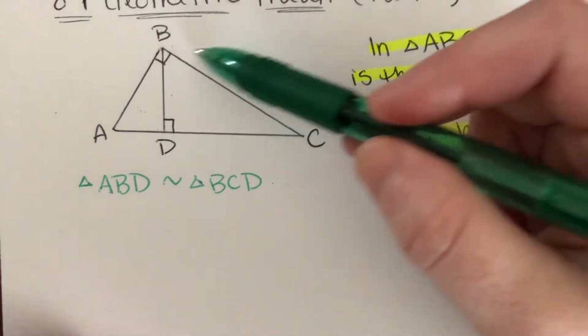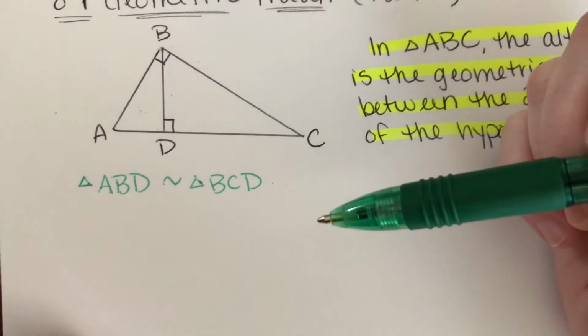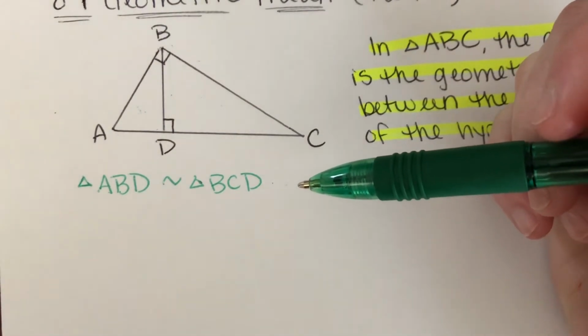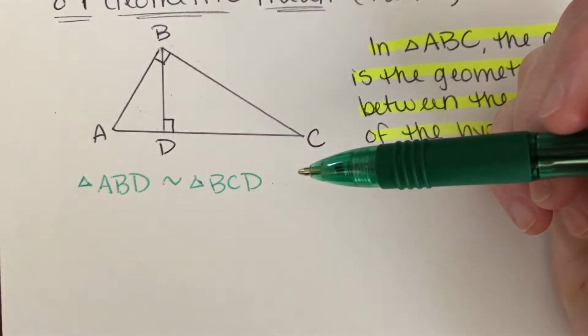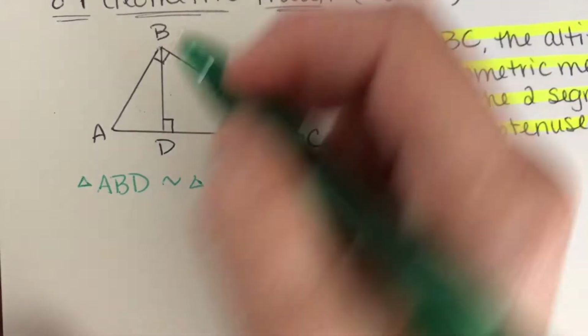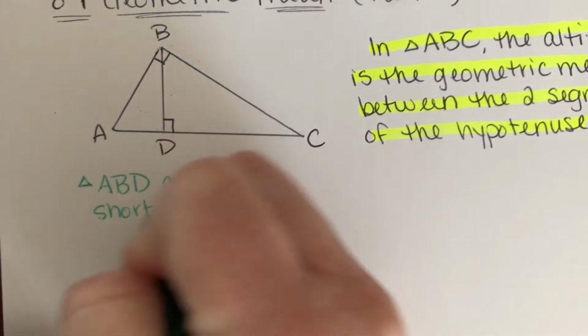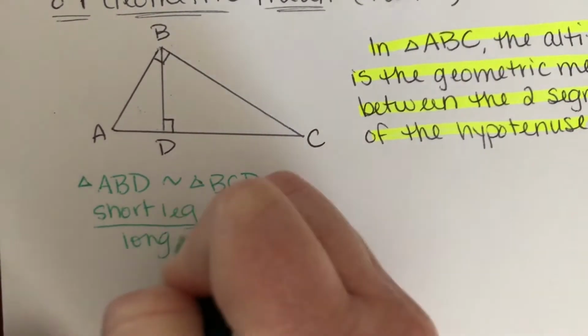And in this triangle, it represents the shortest leg, right? So I'm going to write a proportion that shows the shortest leg over the longest leg. Short leg over long leg.